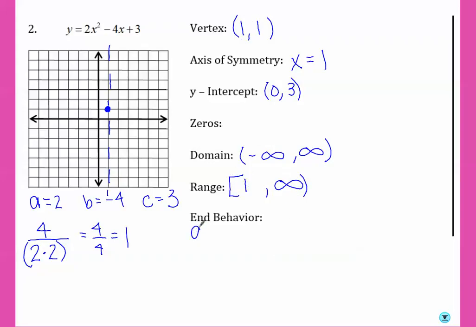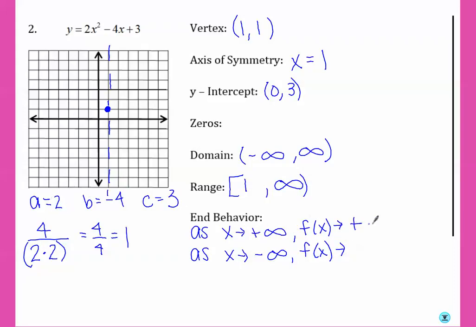And then end behavior: since a is positive, both ends will be going towards positive infinity.